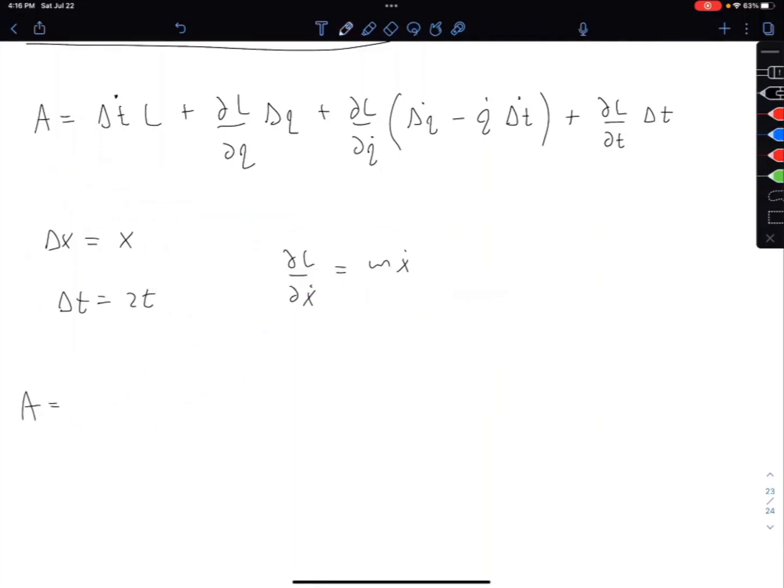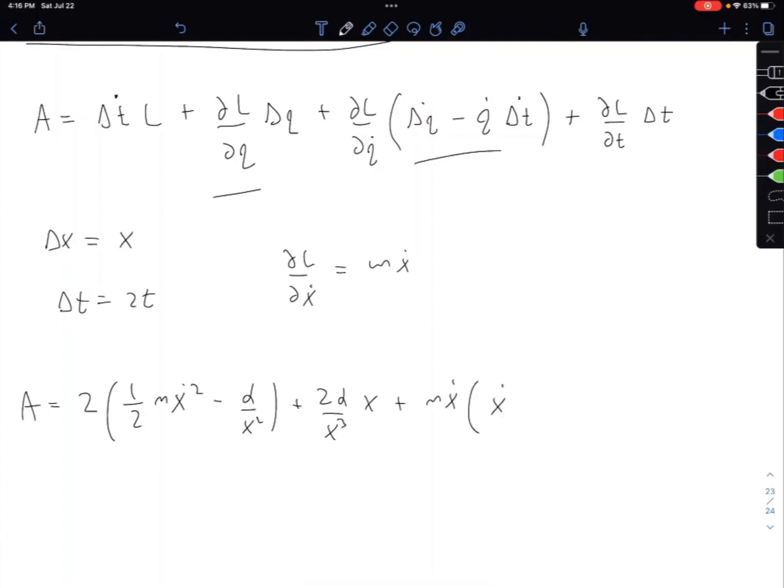So delta t dot, if I plug this in, is going to be 2, and then I have the Lagrangian, which is 1/2 m x dot squared minus alpha over x squared, plus 2 alpha over x cubed times x. That's this term. And then I will have m x dot times this, which will be x dot minus 2 x dot.